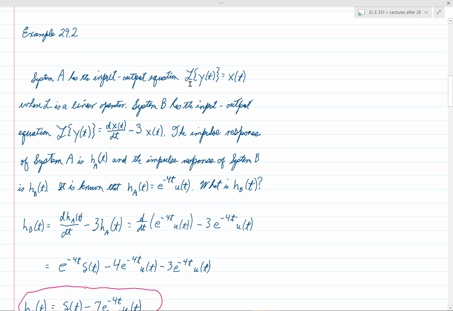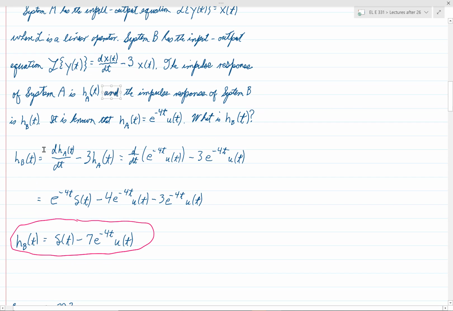Well, because of the similarity of these equations, we can say that the impulse response of this system here is just dHA dt minus 3HA of t, because of the relationship between this right-hand side and this right-hand side. So that's what we've written here: HB of t is dHA dt minus 3HA of t.